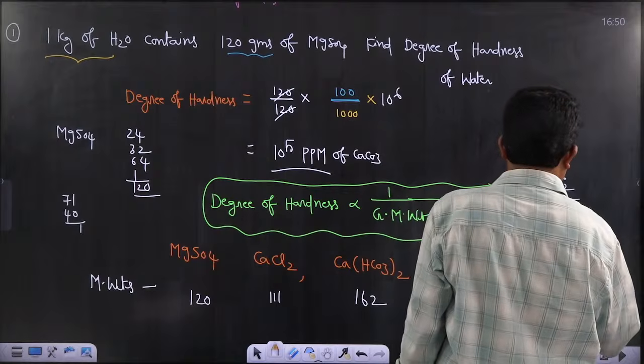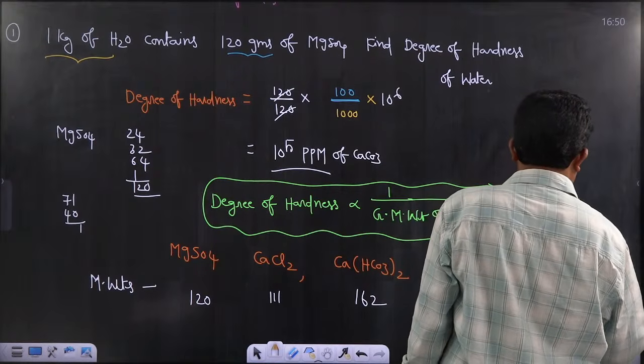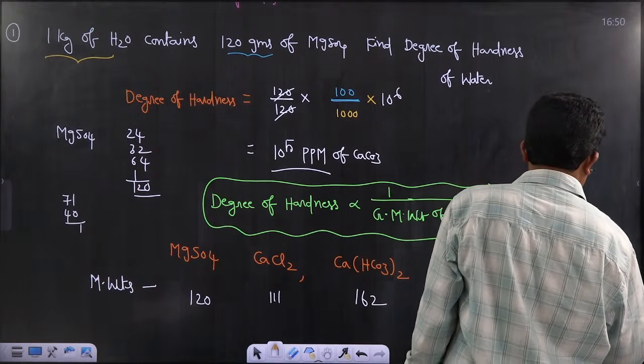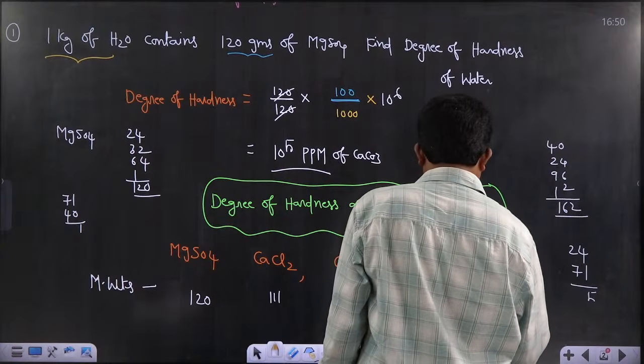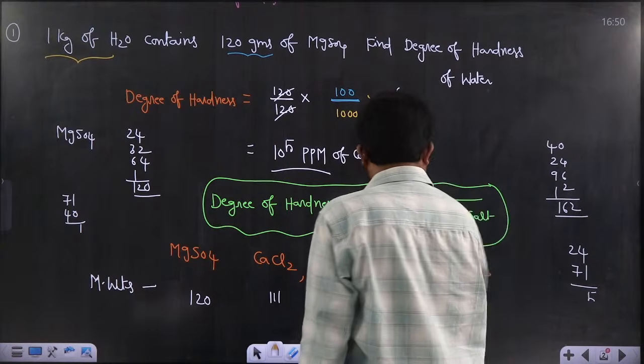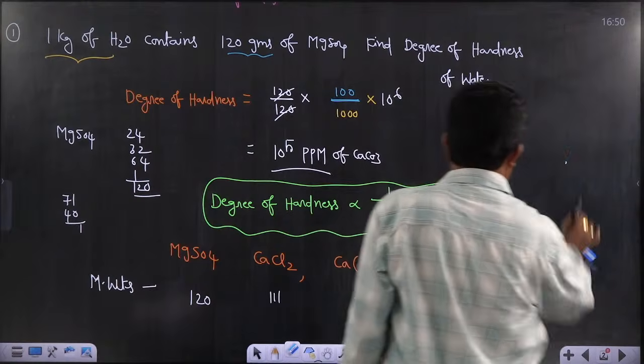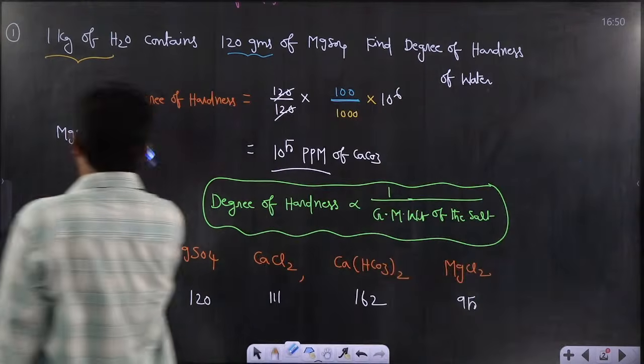Magnesium chloride: magnesium 24, chlorine 71, 95. Okay, these are the molecular weights.